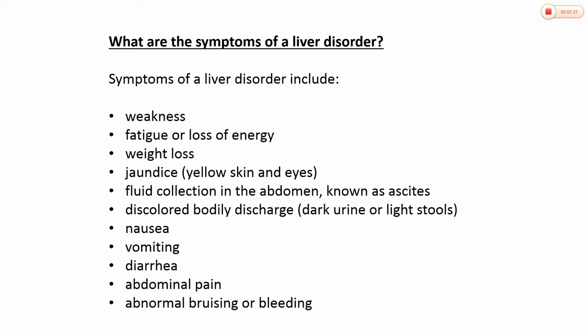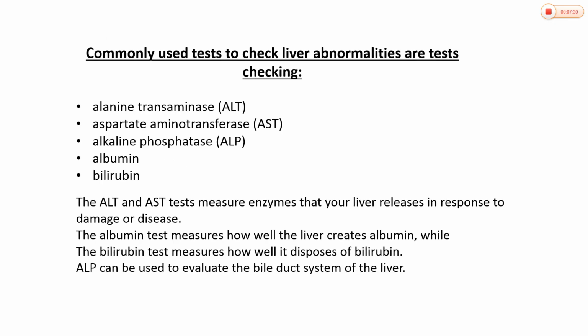Apart from this, people see nausea, a vomiting-like sensation, diarrhea, abdominal pain, or abdominal bleeding. There are various tests which are commonly used to check these liver abnormalities, such as alanine transaminase (ALT) and aspartate aminotransferase (AST), which we call SGPT and SGOT in other terms, and alkaline phosphatase (ALP), albumin, and bilirubin.